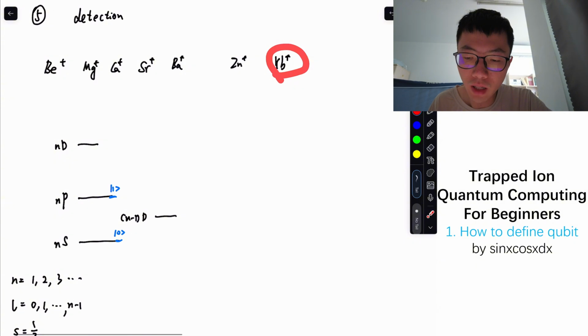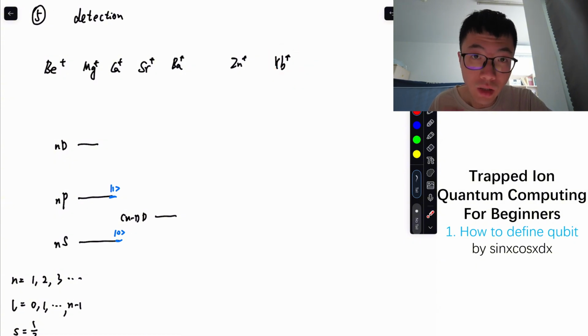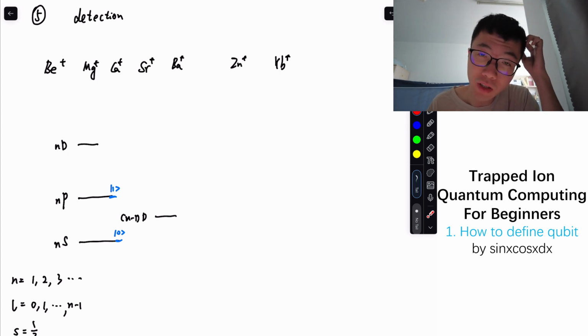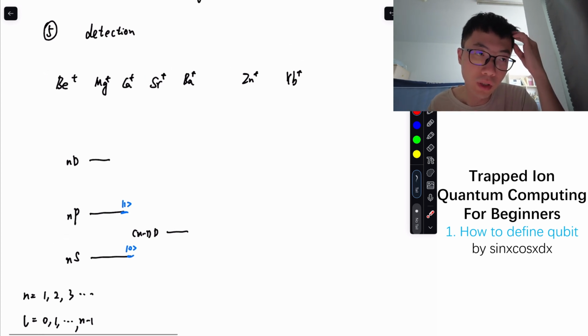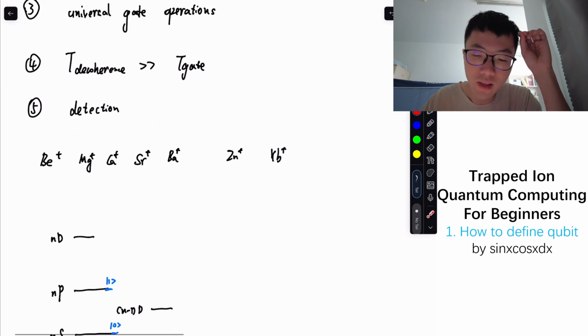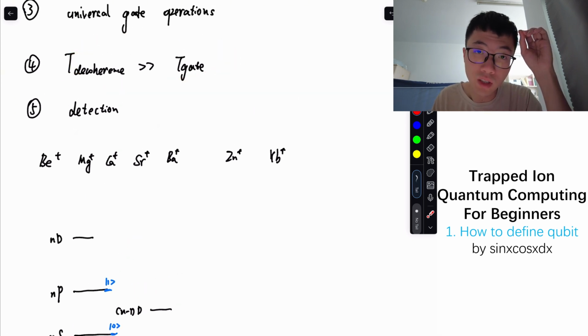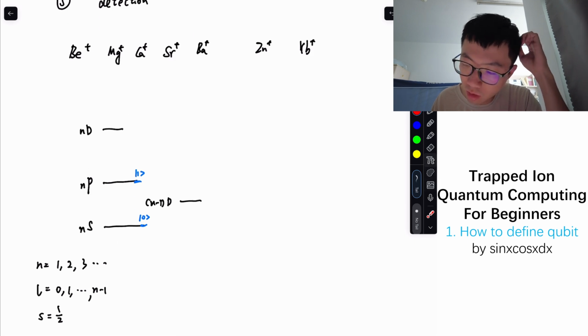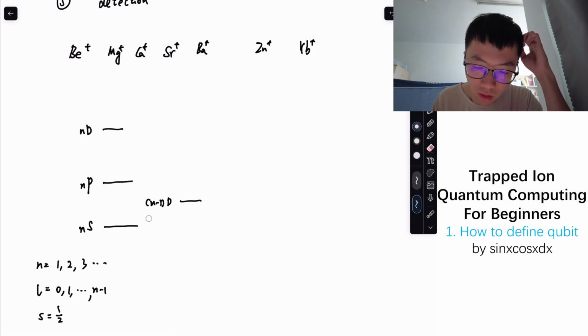For example, for the ytterbium ion, the spontaneous emission rate is 20 megahertz. So its lifetime is just dozens of nanoseconds due to spontaneous emission. It's very short, and it's hard to have enough gate operations during this short amount of time. So criterion 4 is not satisfied. So it is not a good choice to choose S and P.